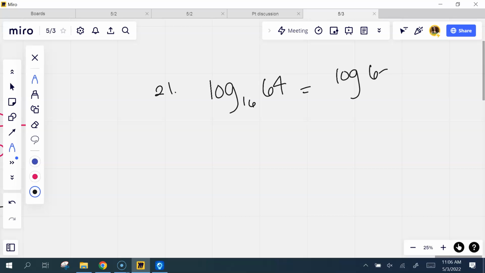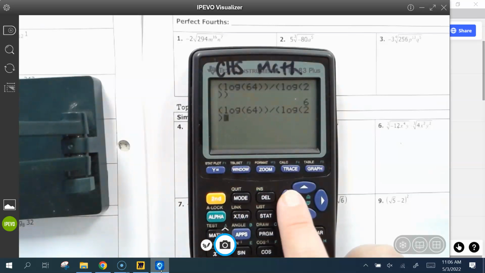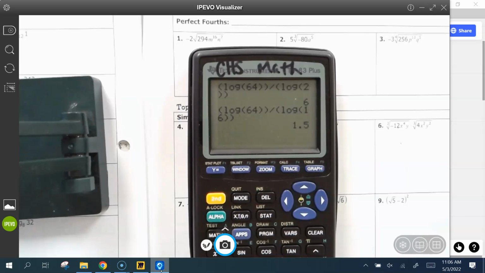What I'm going to do is use my calculator, and I'm going to do this. Log 64 divided by log 16.